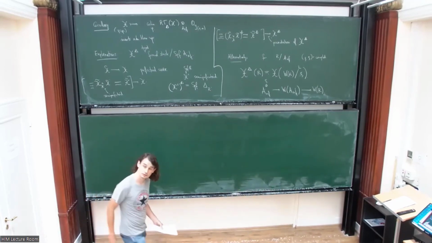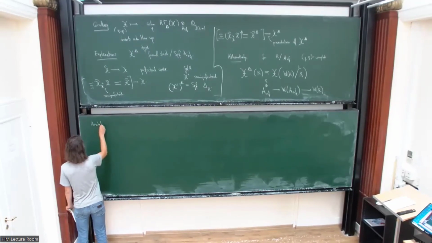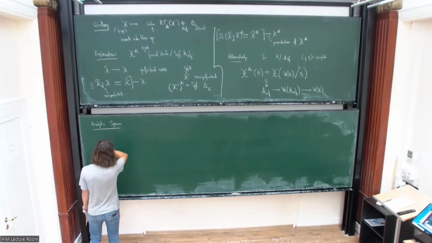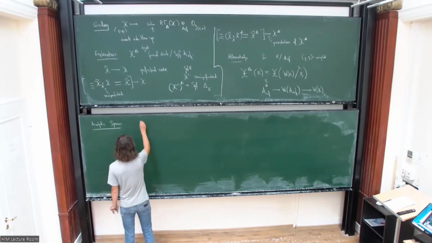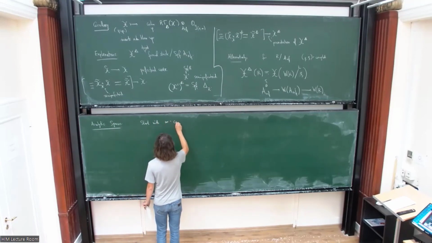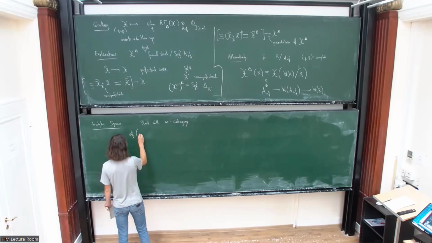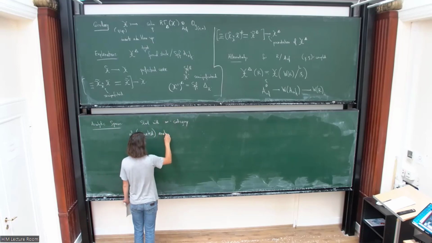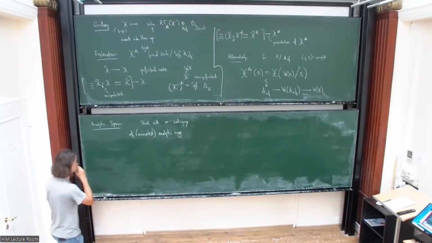All right, so let me say just a few words about these analytic spaces that we're using. So we start with the category of analytic rings. That's what I defined.